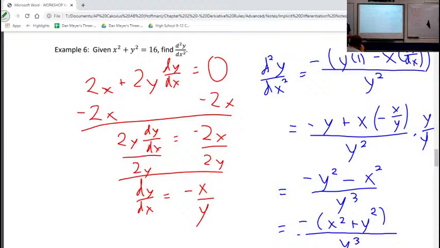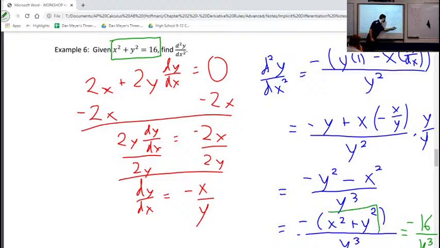This is where it gets cool. Do you spot it? What am I going to put? X squared plus y squared is 16. That's what we said at the very start.